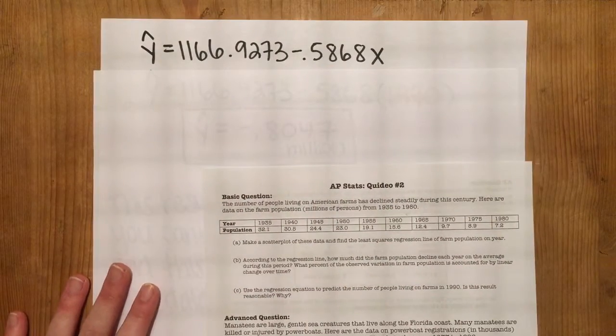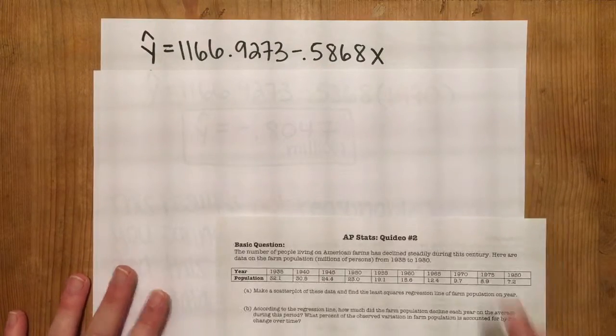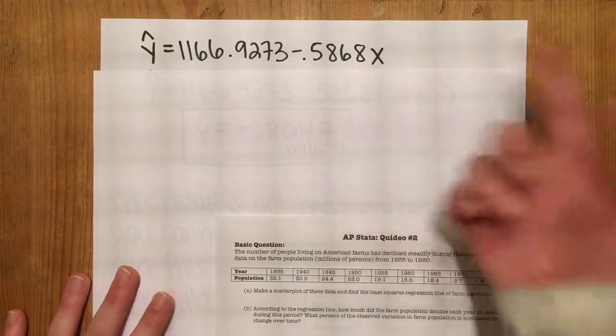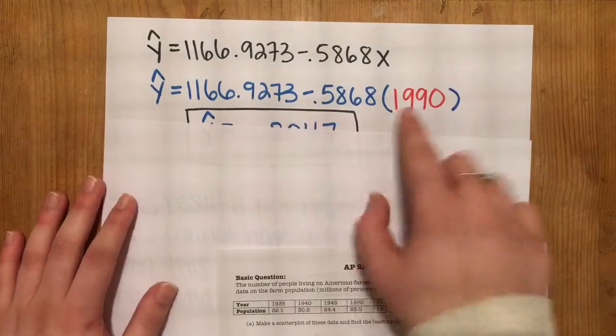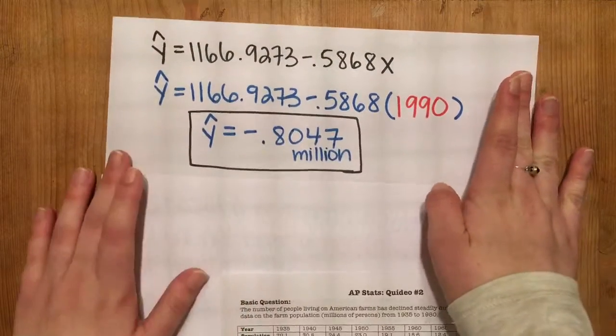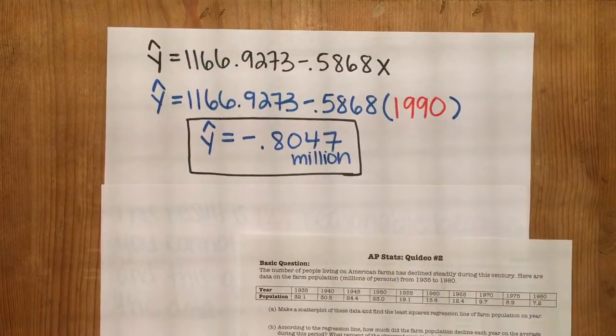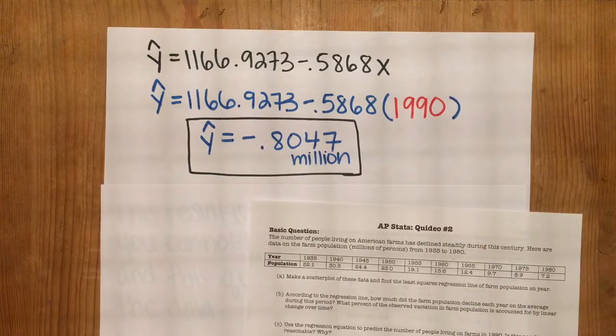Your x value is going to be the year, so 1990. You plug in 1990 into that equation, and you find the predicted population at that year to be negative 0.8047 million people.